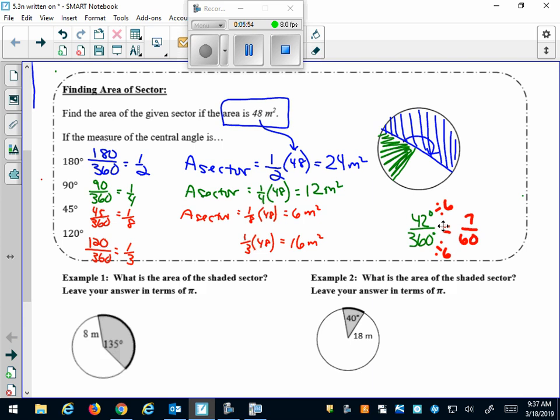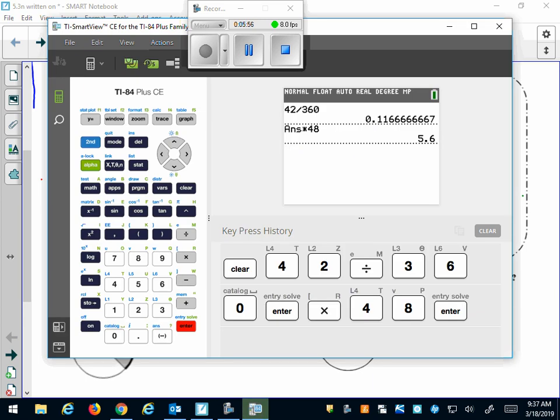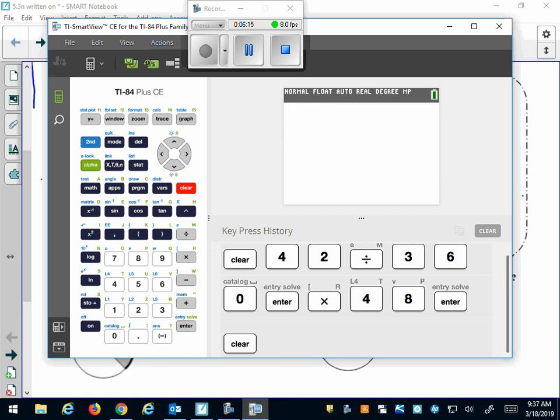Did we talk in here about the fraction decimal button on the calculator? No? Okay, so you could use your calculator's buttons, the smarts of your calculators, to help you reduce these things. 42 out of 360.